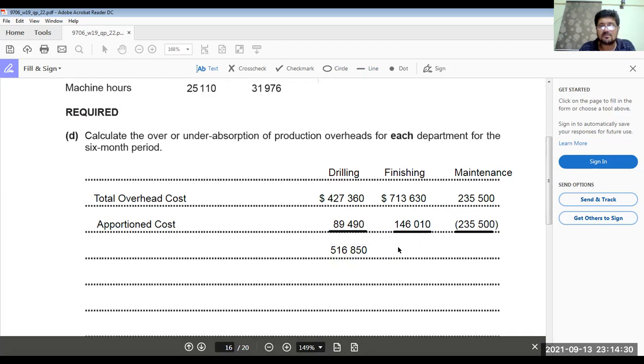And here 713,630 plus 146,010. Answer is 859,640.